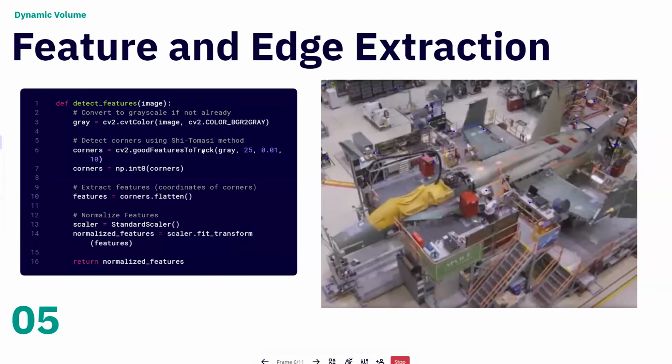Over any objects or corners that it thinks might be an object, it puts dots, or really puts a note of, hey, this is probably an object, which you can see in the image to the right, where you can see the blue dots and how it's recognizing that this is an object of interest.